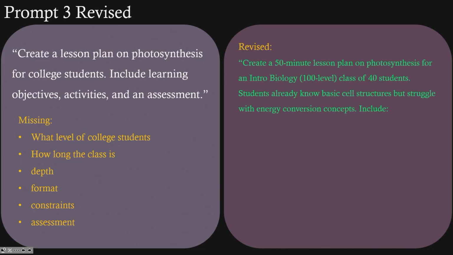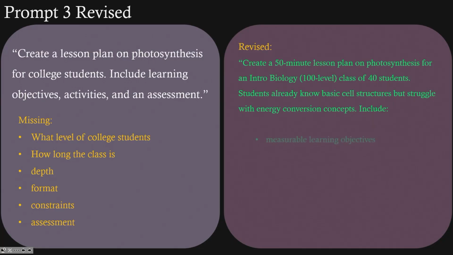So the revision for this one is: create a 50-minute lesson plan on photosynthesis for an intro biology class. So it's a 100-level class of 40 students. Students already know the basic cell structure but struggle with energy conversion concepts.